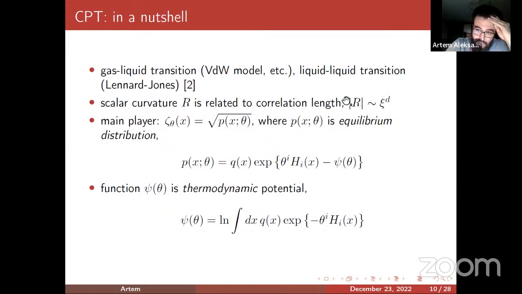And the key points are the following. The scalar curvature of a statistical manifold is related to correlation lengths.